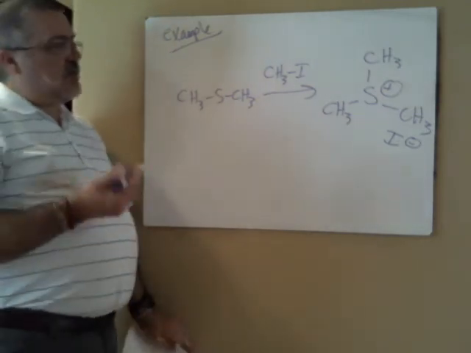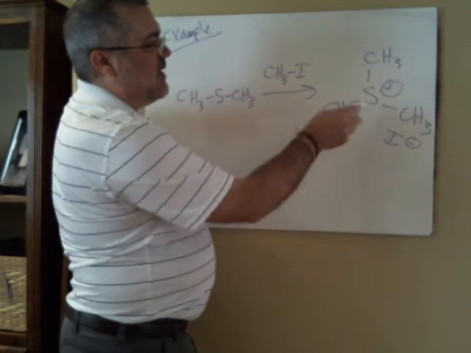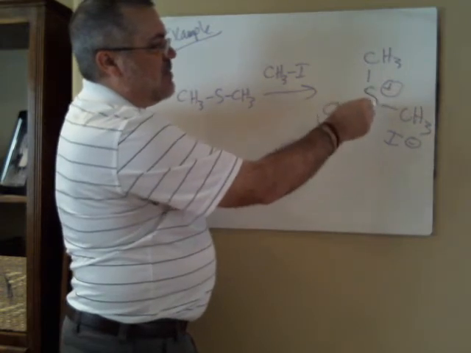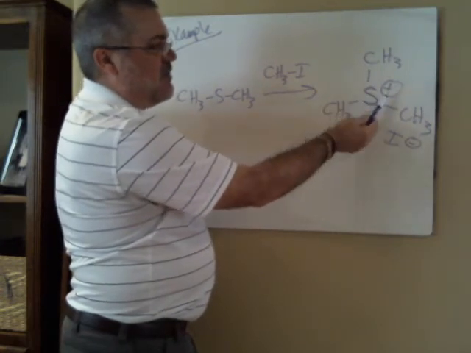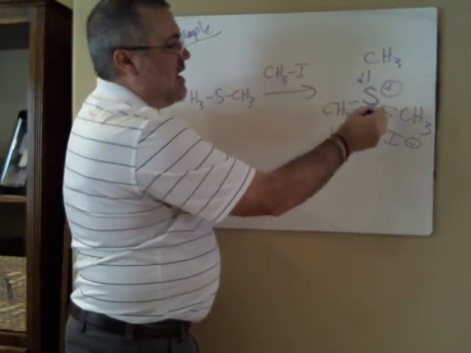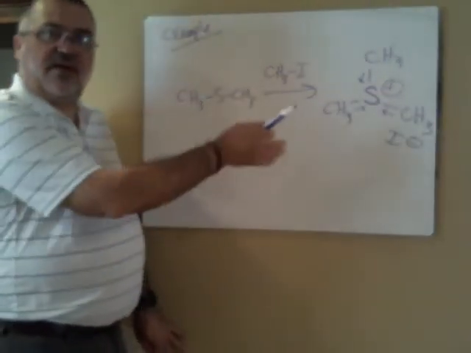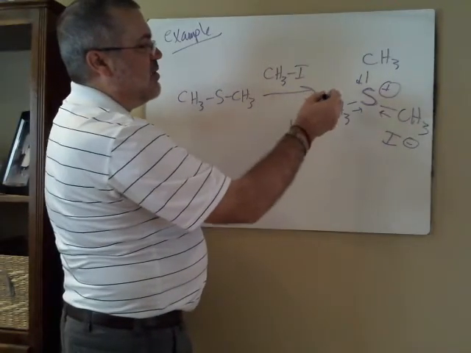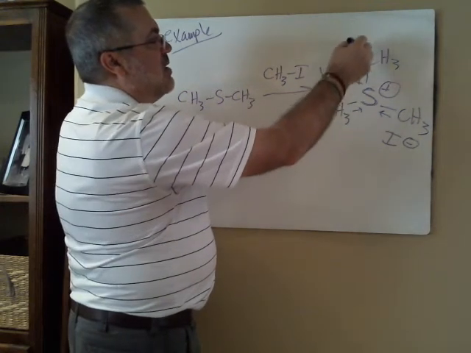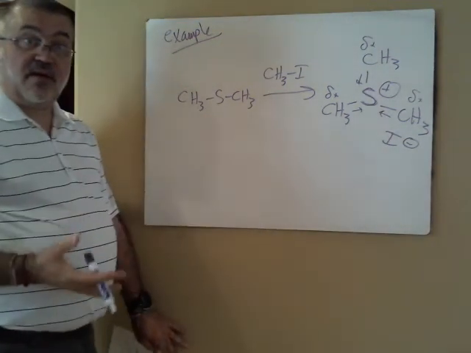Now, what is the reactivity of this? Now I have these three alkyl groups, and I have this electronegative atom, a sulfur, and I've given it a plus charge. That means inductively, I have bond polarity here where the sulfur is pulling electron density away from these alkyl groups. They all become partially positive. So they're all becoming electrophilic.